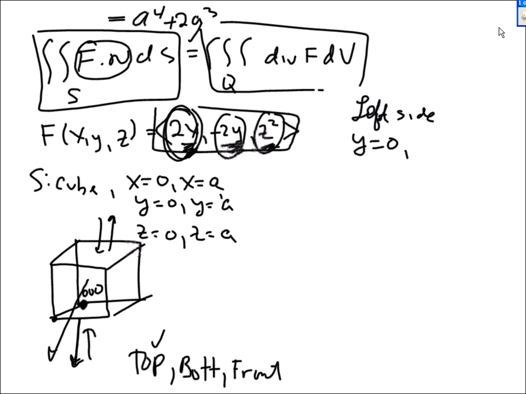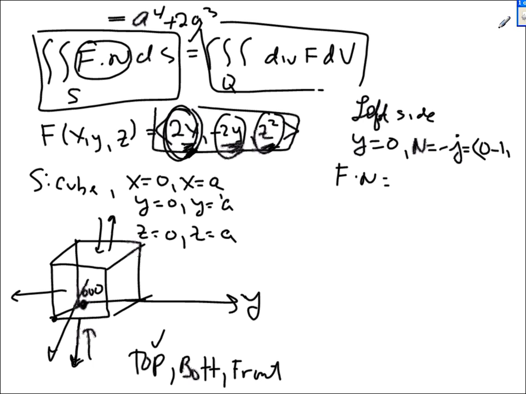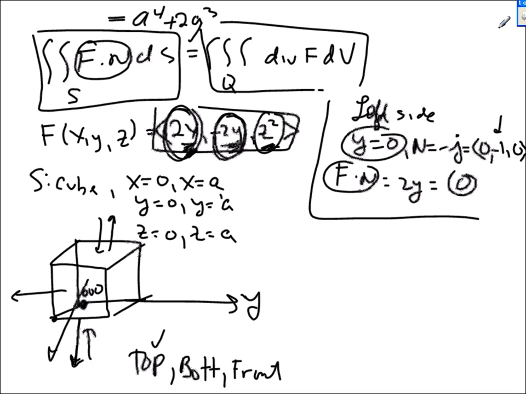Remember, y goes in that direction, so n is negative j. So F dot n is negative 2y times negative 1, which is 2y, where y is 0. So again, we're going to integrate 0, and we get 0.